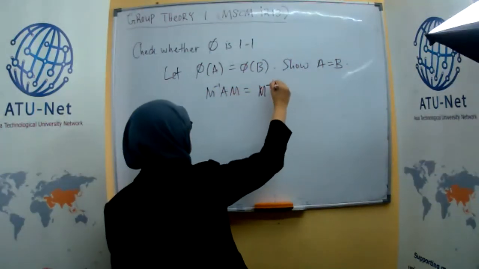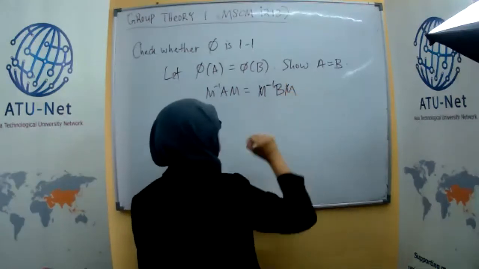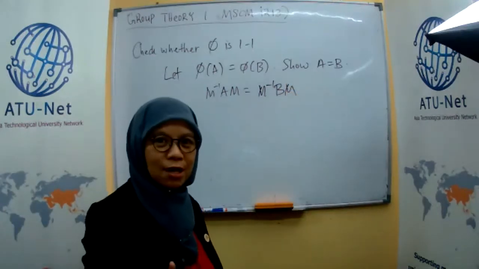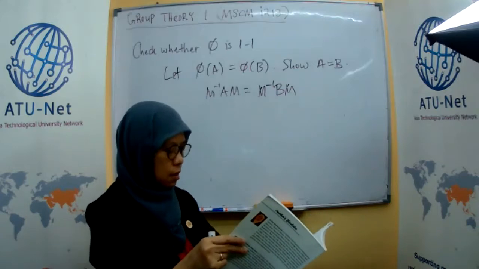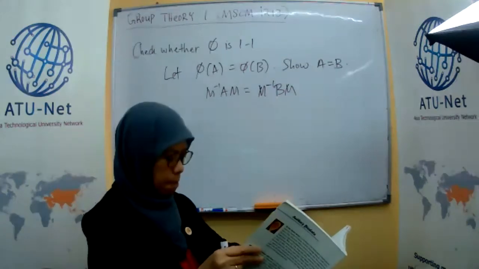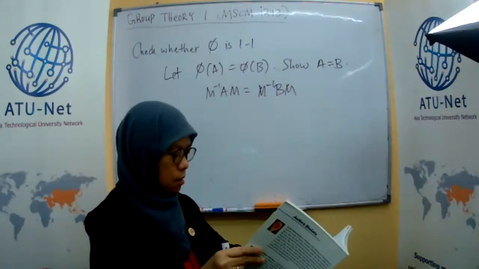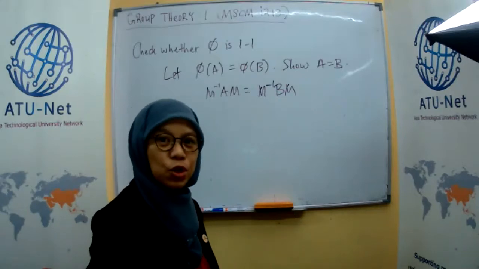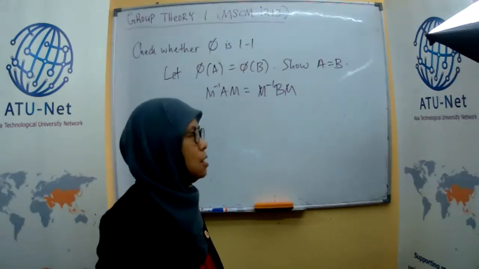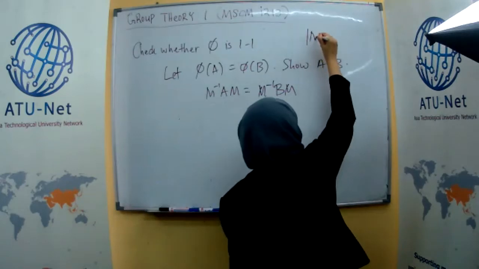Phi of B is M inverse BM. How do you get rid of the M? Now, it's given that M is a 2 by 2 real matrix with non-zero determinant. That is why we have this.